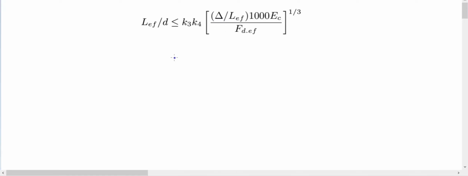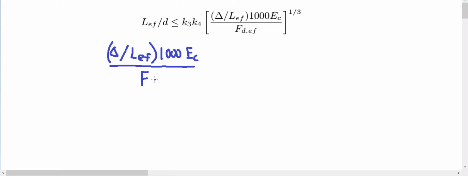So, as a preference, I like to keep what I'm isolating on the left-hand side. So I'm just going to reverse the direction of the inequality first, and it'll start like this. So it'll be delta divided by LEF times 1000 E sub C all over F sub D dot EF.